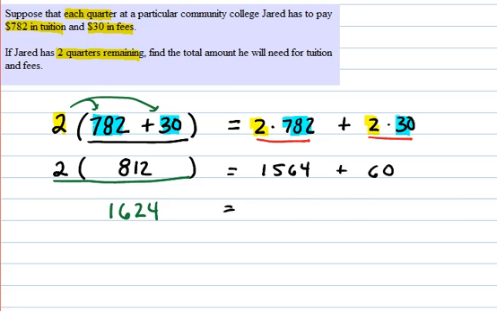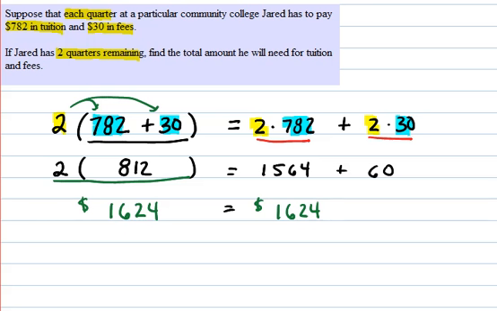Hopefully when I add those two together, I still get 1,624. So either way, his fees for 2 remaining quarters would be $1,624.